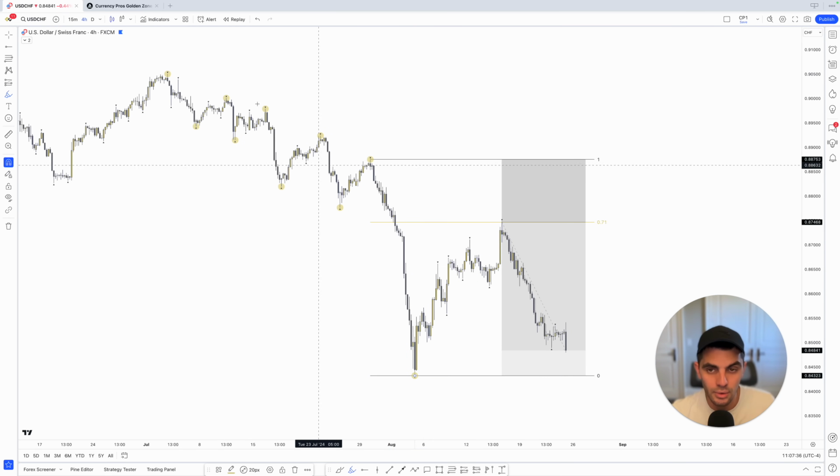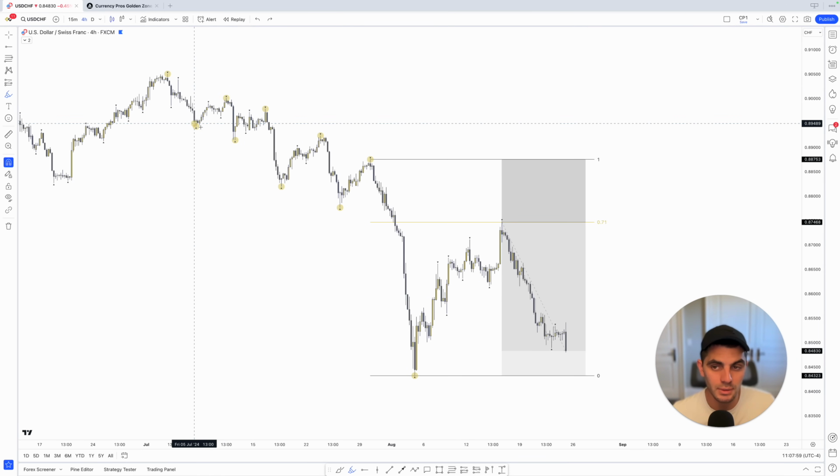So just take note of how I mapped out those highlighter marks, okay? You can see that the fractals indicator on my chart is showing a lot more minor highs and lows in between those ranges, but I'm just simply highlighting the extreme highs and lows so that I can map out the actual trading range. I'm not focused on this one and this one. I'm just focused on the lowest and the highest possible points.